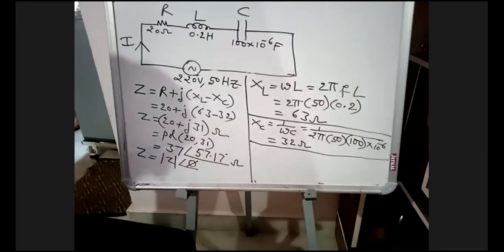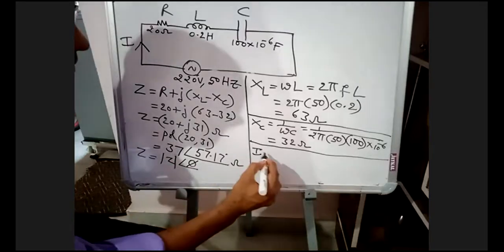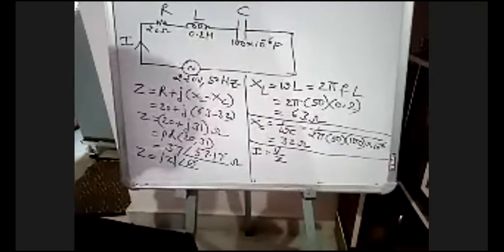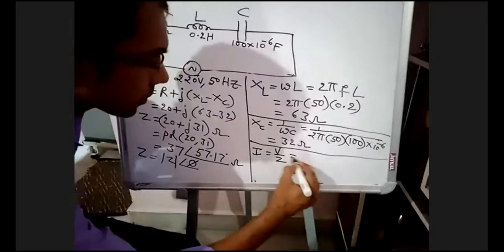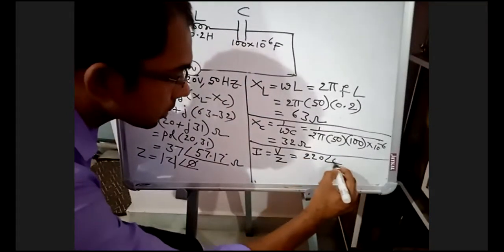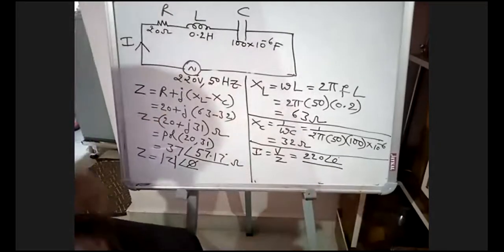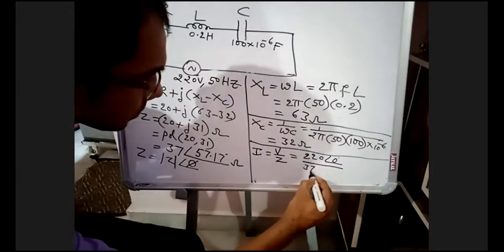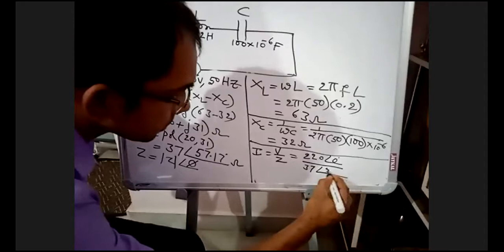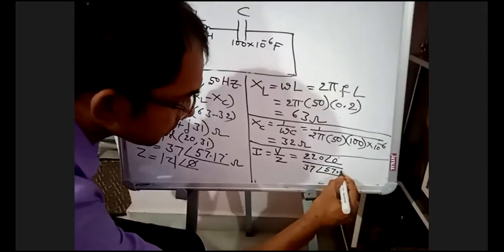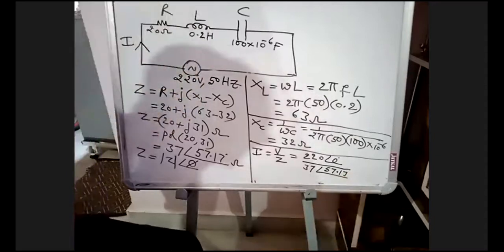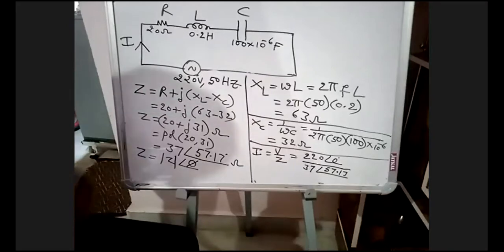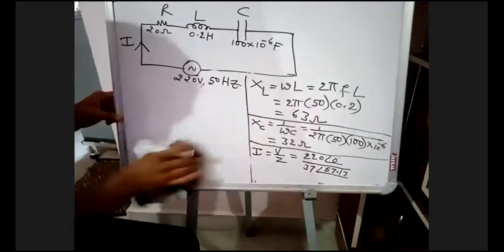Now I want to calculate the current. Current I is equal to V by Z. Your V is 220, they have not given any angle, so it is 0. And Z is 37 at 57.17.